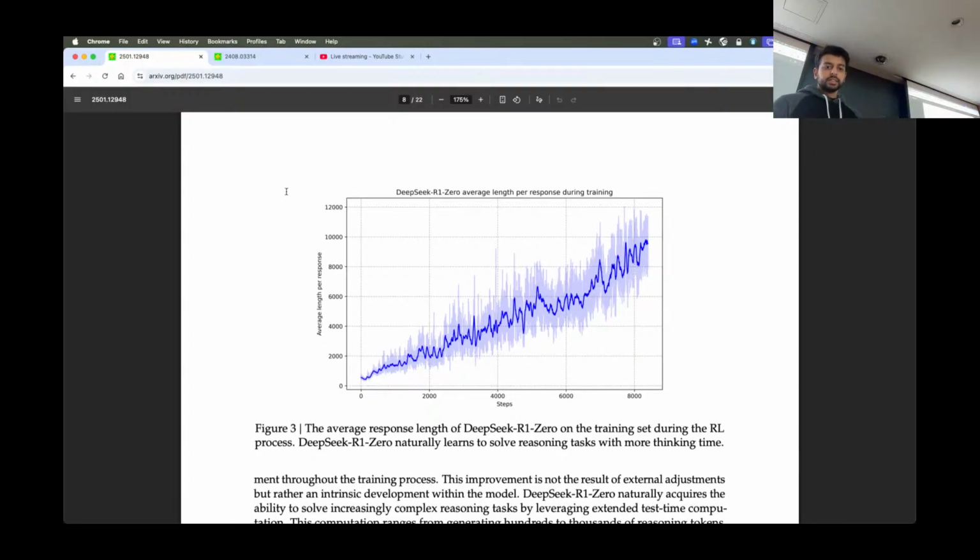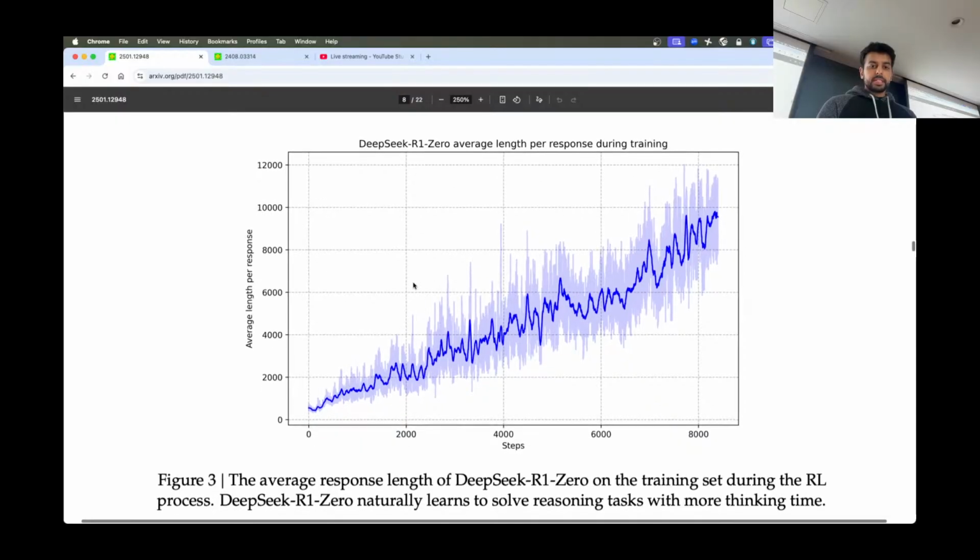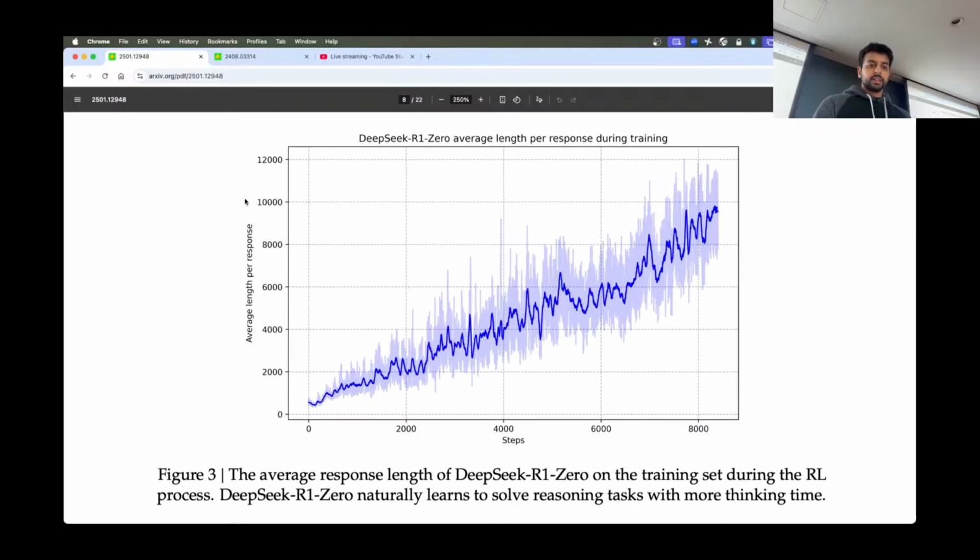So I wanted to end really quick with two figures from the DeepSeek R1 paper. This plot shows on the y-axis the average length of the response, including both the thinking and the final answer, and on the x-axis the number of gradient steps.